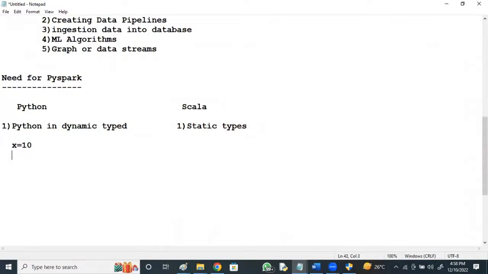Y equal to 4.5 means a float value is assigned to y. Based on the values assigned, the variables are created dynamically here in Python. But Scala is statically typed.